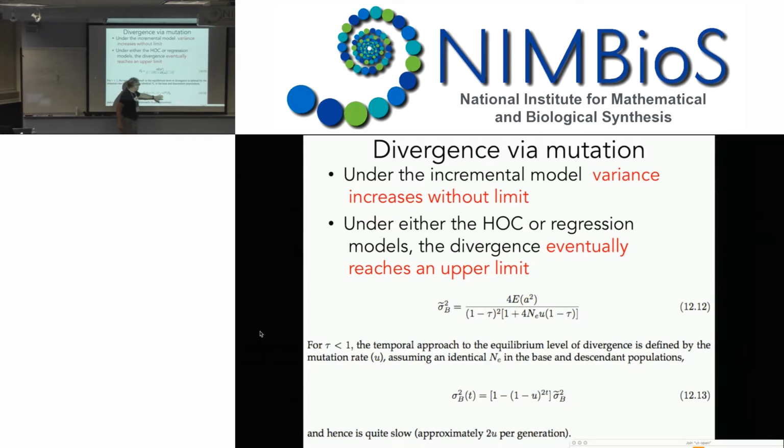So here's the approach. And the approach depends upon the mutation rate and time. It doesn't depend upon tau. So basically, they asymptotically should approach their values at about the same amount. And the key here, if mutation rate is small, 10 to the minus 8, then as long as you're looking at time scales under 1 million generations, it's not really an issue.